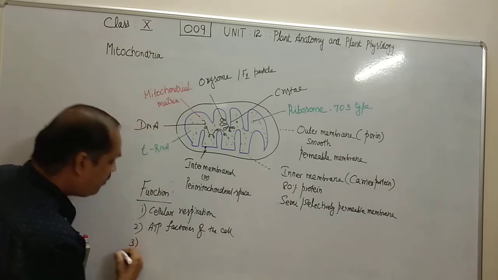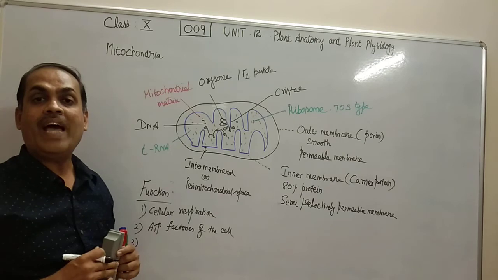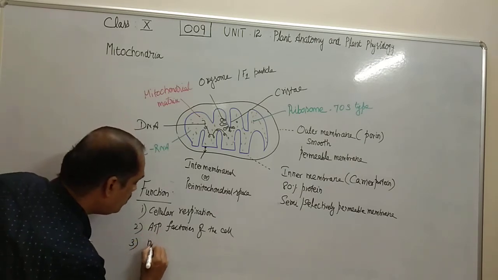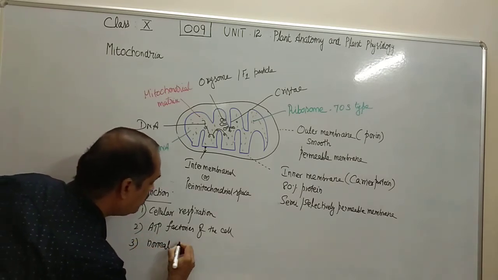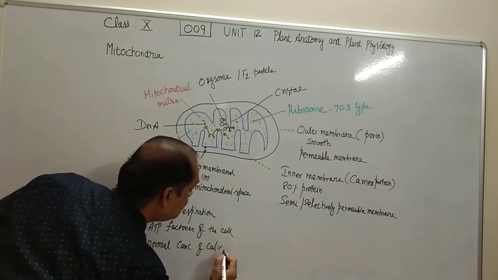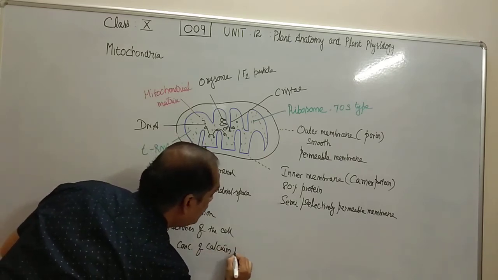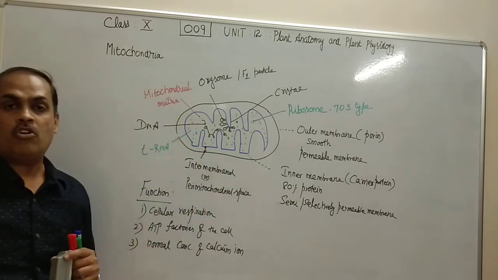And because of the presence of mitochondria in the cell, it regulates the concentration of calcium ion. So the normal concentration of calcium ion is because of the presence of mitochondria.